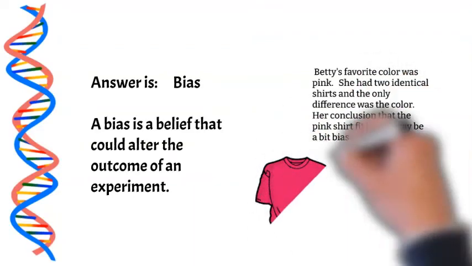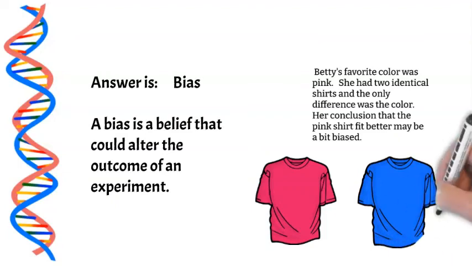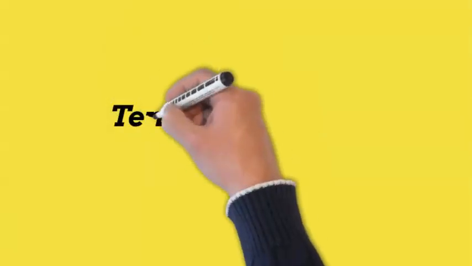A bias is a belief that could alter the outcome of an experiment. Let's say Betty's favorite color was pink. She had two identical shirts and the only difference was the color. If she made a conclusion that the pink shirt fit better, well, that may be a little biased.